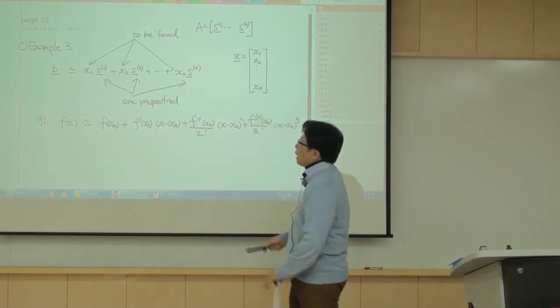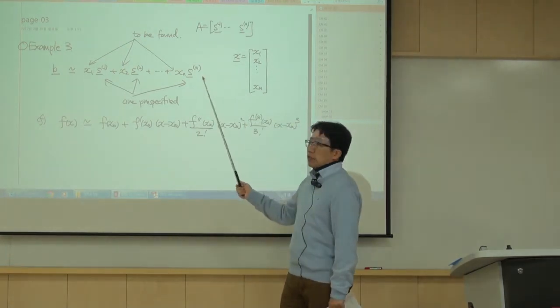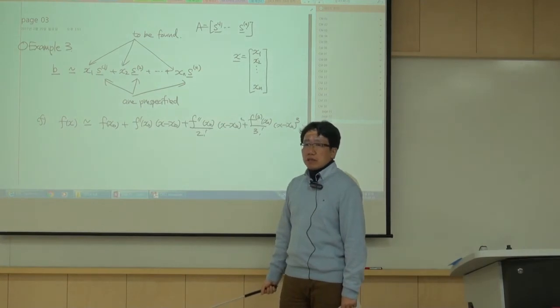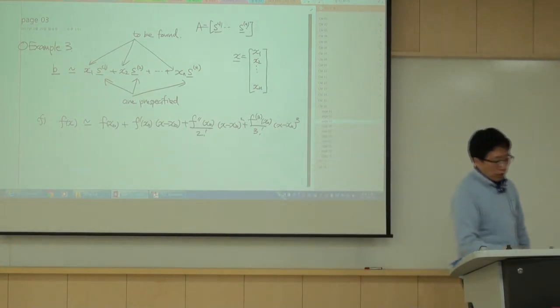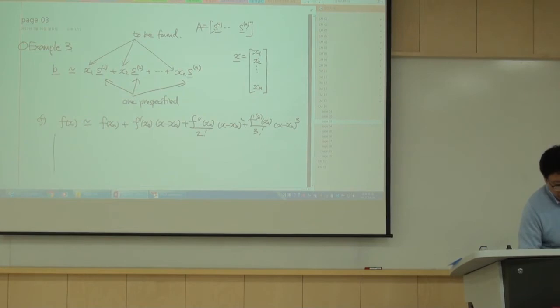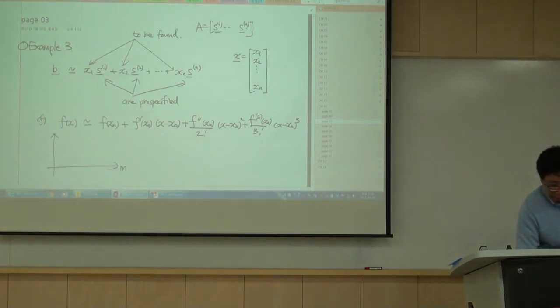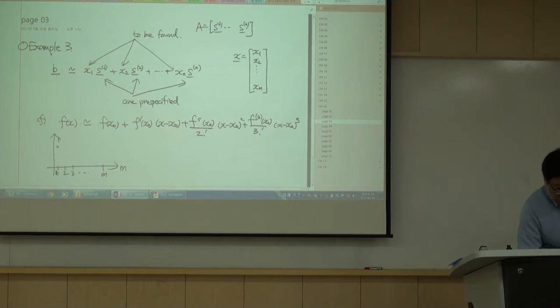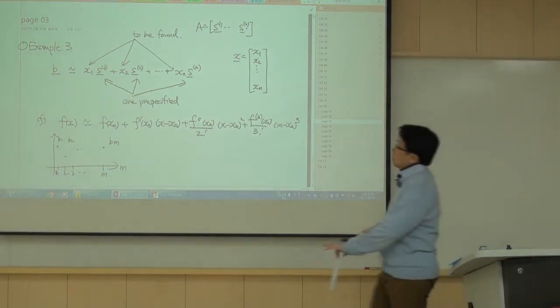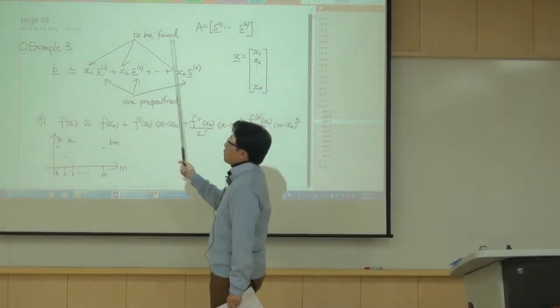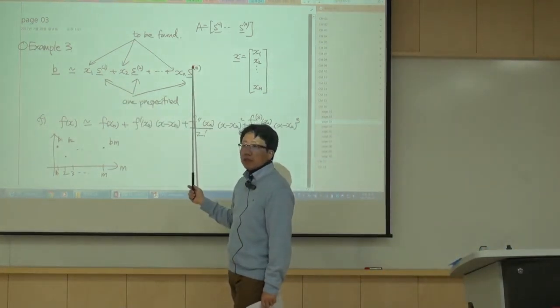But in many cases, this type of representation makes sense. Let's say that this is M. So you have 1, 2, 3, and M. So this is your B1, this is your B2, and this is your BM. Now, this is B hat, right?